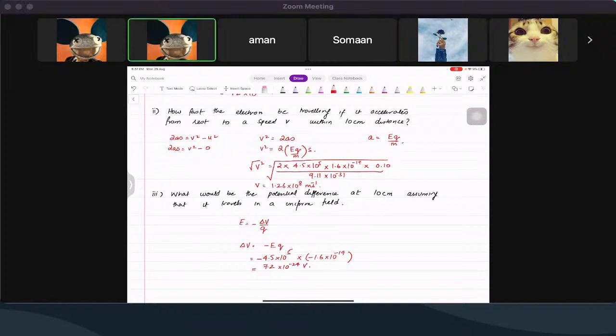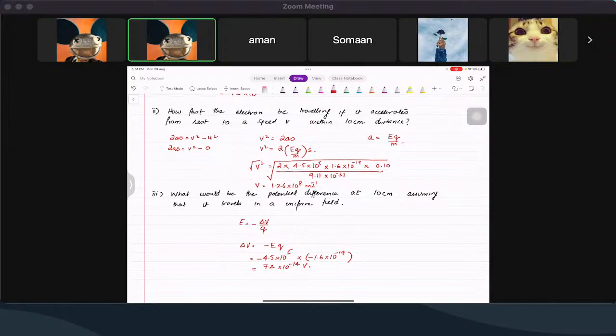This is the answer. So this would be the voltage.